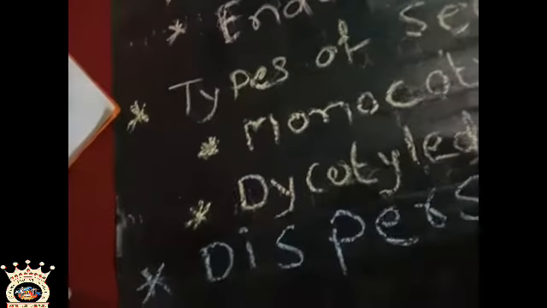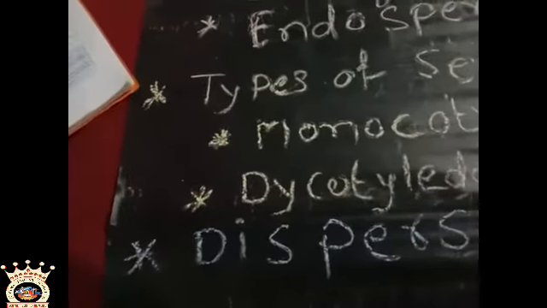Then the last one is animals. What are the characteristics of seeds which are dispersed by animals? See here, I will show you some pictures. See here, Xanthium. This has hooks. It sticks to the body of animals. Then one more is there.